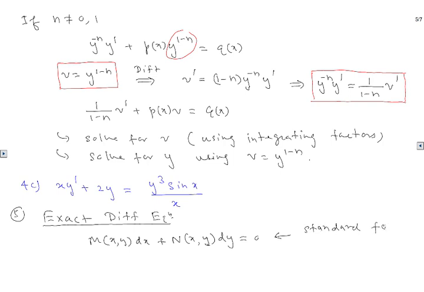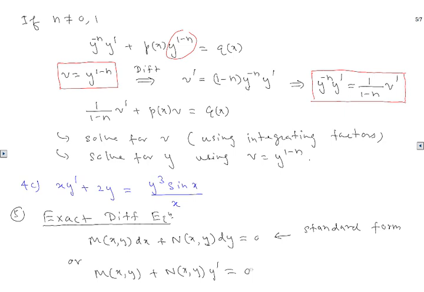So you have to write it in this form first with the plus sign, and x comes first. Or in some books you write it like this, still a plus sign, N(x,y) y prime equals 0. So that's another way to write it. But in both cases M comes first, so it's M and N.